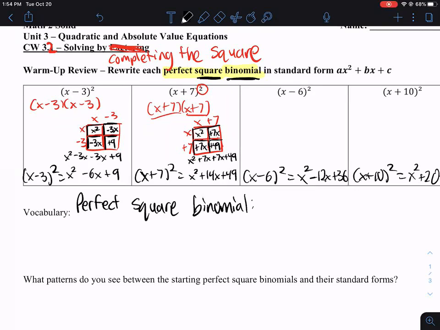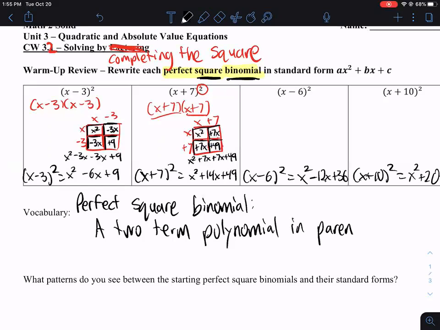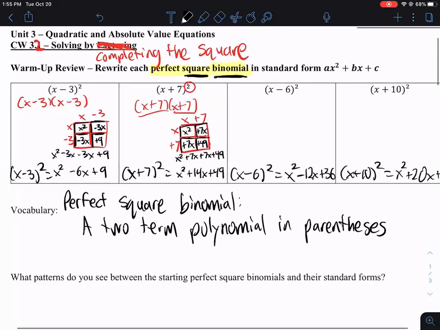Okay, so the way we'll use it, it's going to be a 2-term polynomial in parentheses. All right, so that's the binomial part.